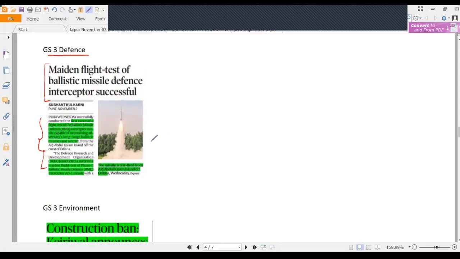This is another boost to our defense capabilities. So this can be used in mains facts as well. Now from prelims point of view, just keep this in mind that the missile was test fired from APJ Abdul Kalam Island, which is located in Odisha.